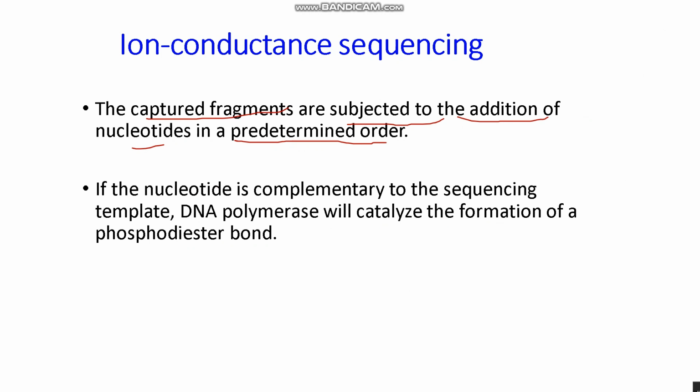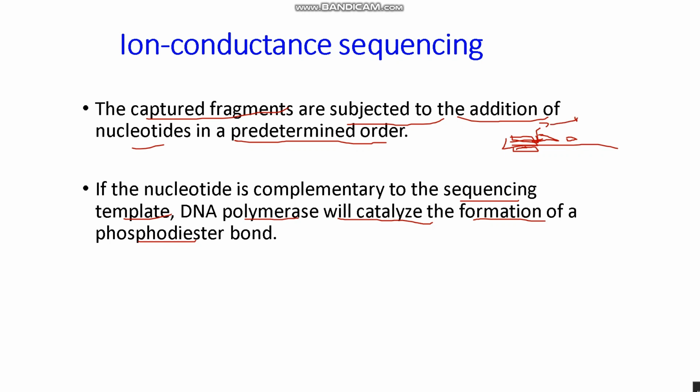If the first nucleotide is complementary to the sequencing template, the DNA polymerase will catalyze the formation of the phosphodiester bond.